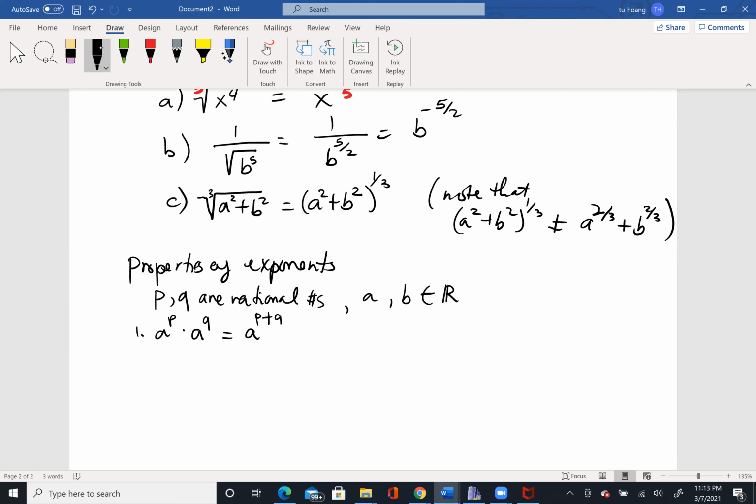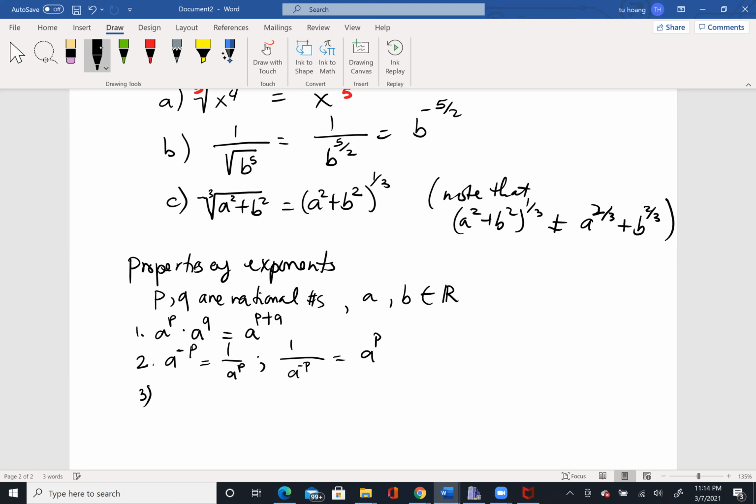Okay, 2. A to the power negative P will be equal to 1 over A to the power P. And in another way, 1 over A to the negative P can be rewritten as A to the power P. This is called the negative exponent rule.